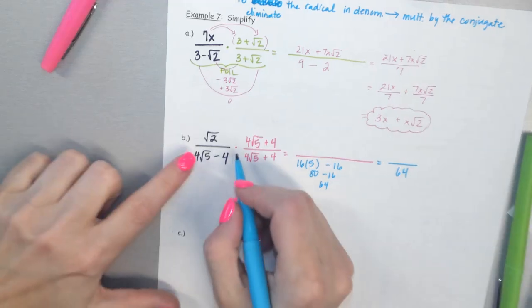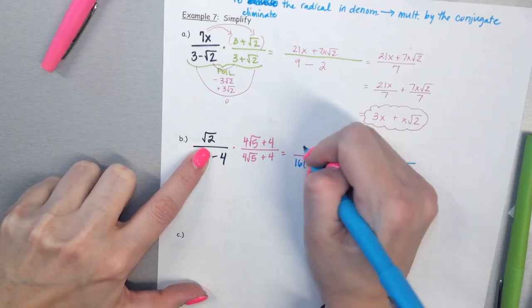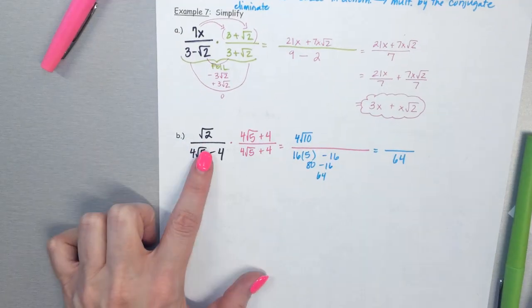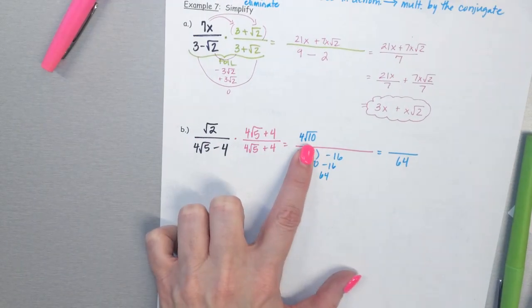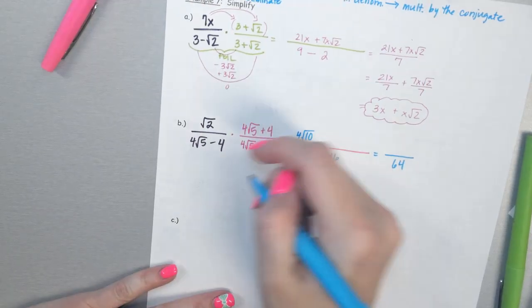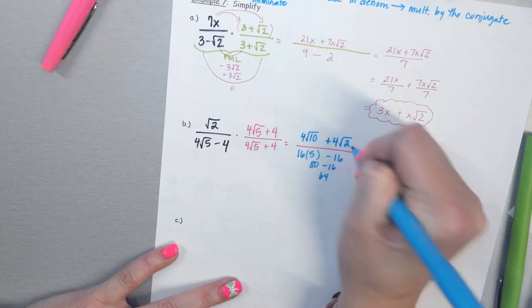Okay, and then here, when you're distributing, 4 root 5 times root 2 is going to be 4 square root of 10. Root 2 times root 5 is root 10. This is like a 4 times a 1 on the outside. And then you have 4 root 2.